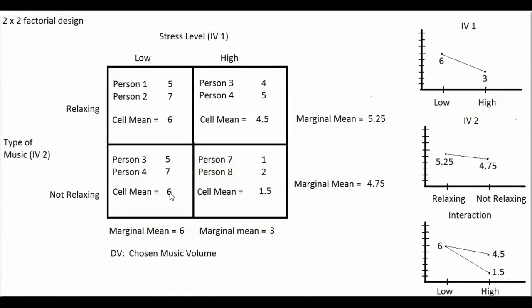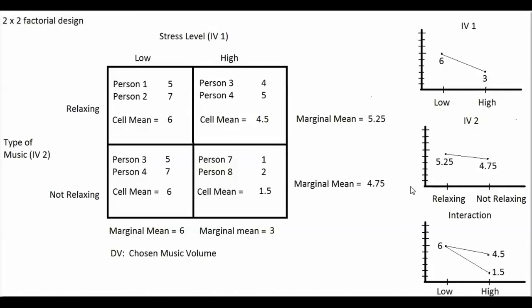I would expect a large drop in chosen volume. In the relaxing condition, I would also expect a drop in chosen volume, but not as much of a drop, because when you're told that you'll listen to relaxing music, you might be willing to tolerate a higher volume of music, even though you're stressed.